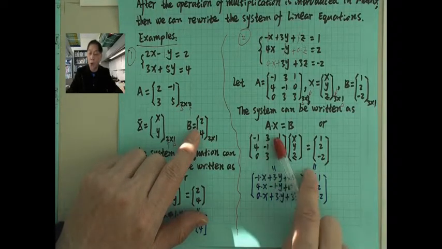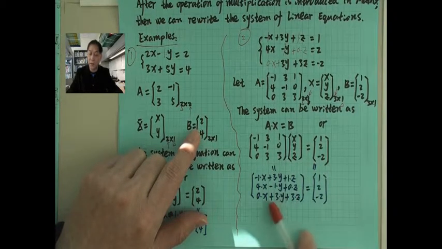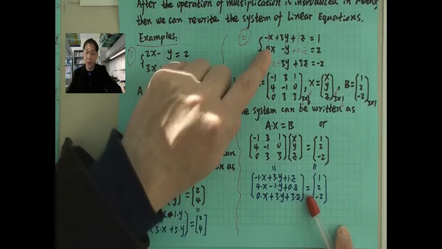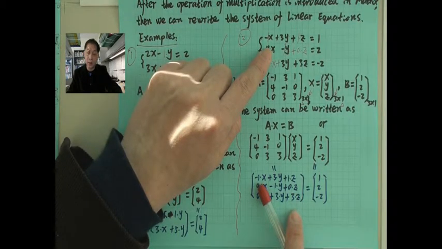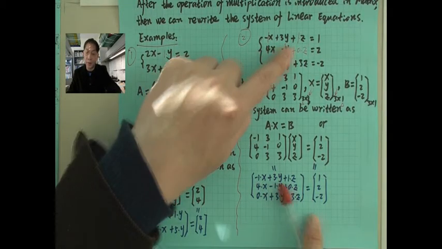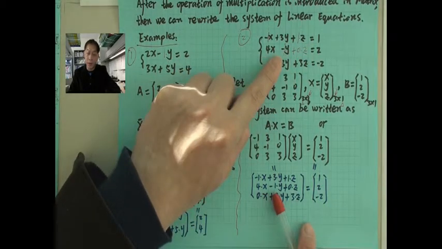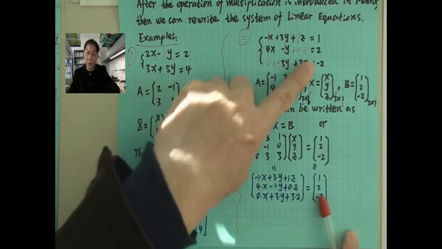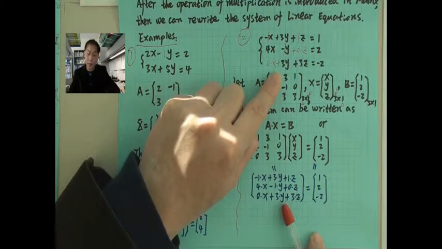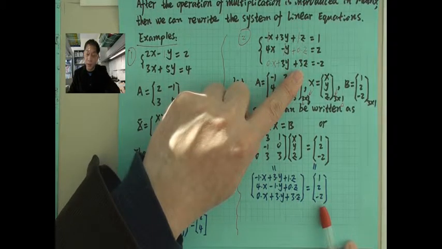So, row times column, add together. Look, that will be exactly right here: negative x plus 3y plus z equals 1, 4x minus y equals 2, 3y plus 3z equals negative 2.